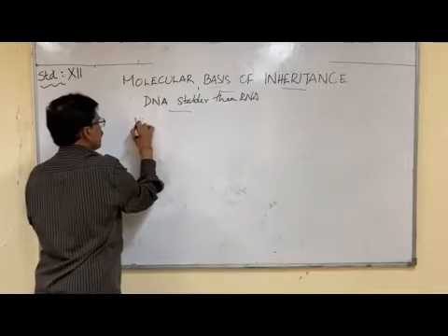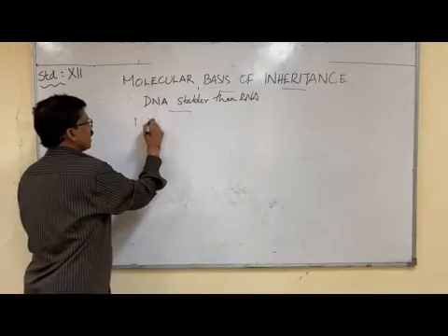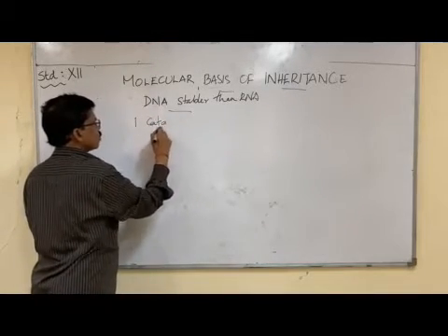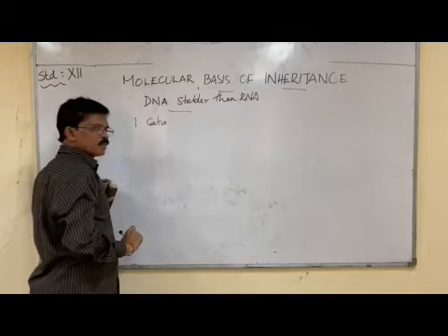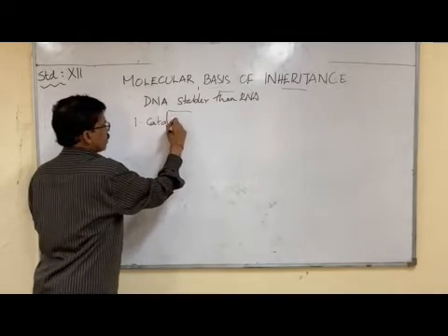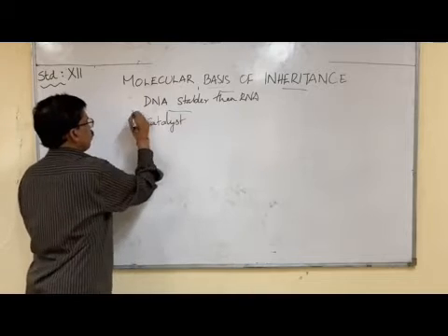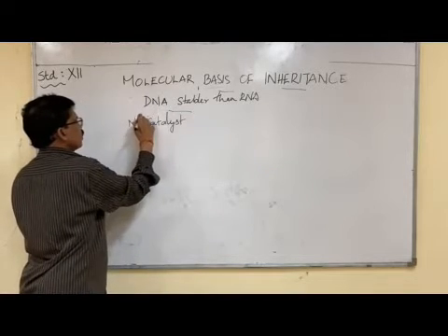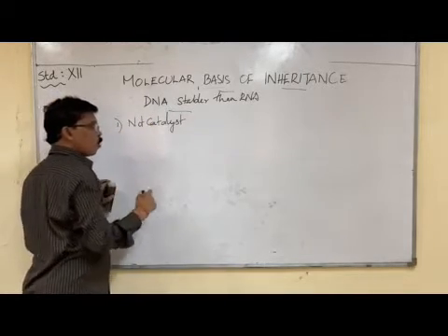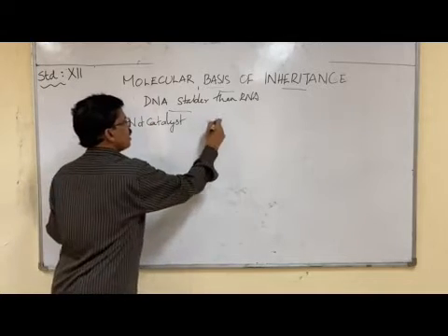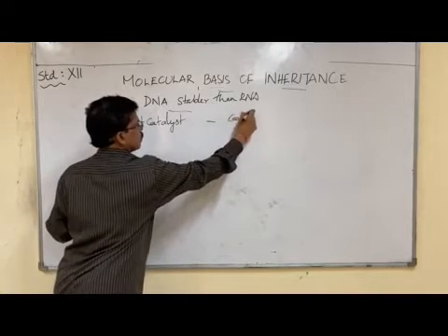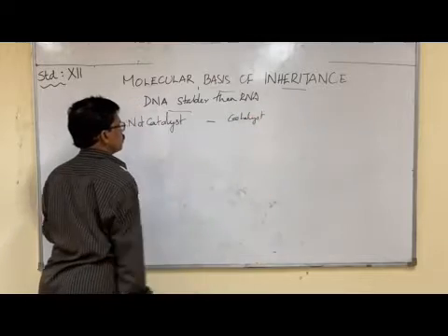First reason why DNA is more stable: it is not a catalyst. It cannot catalyze a chemical reaction. No, DNA is not a catalyst. Catalysts are more reactive, but RNA is a catalyst. That's why it is reactive and unstable.